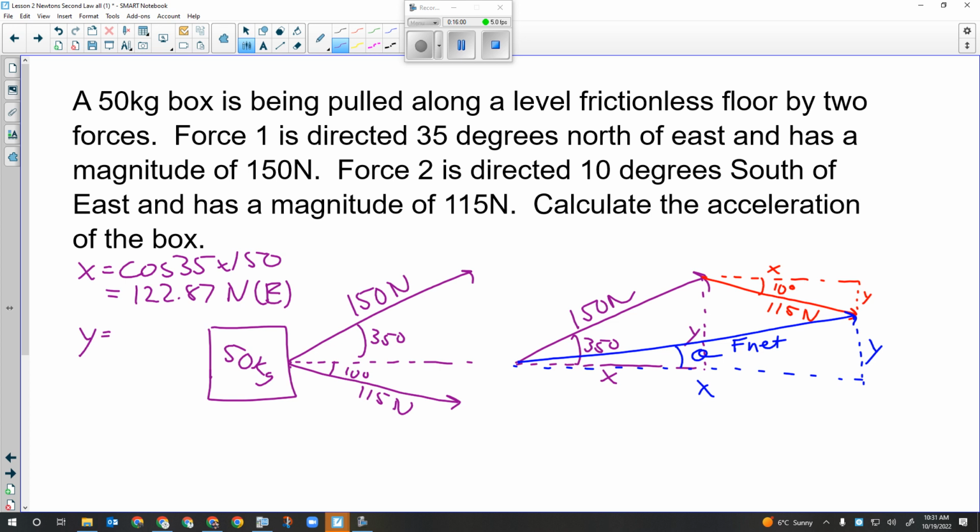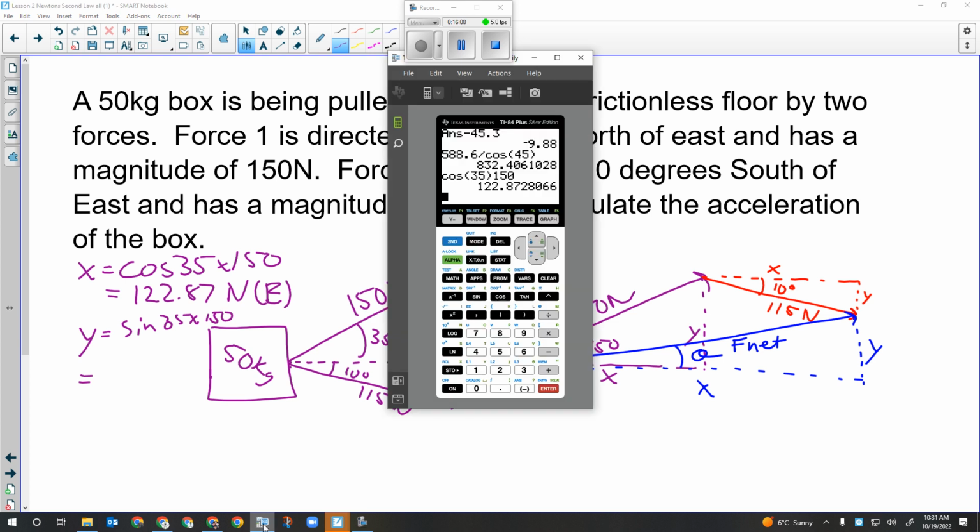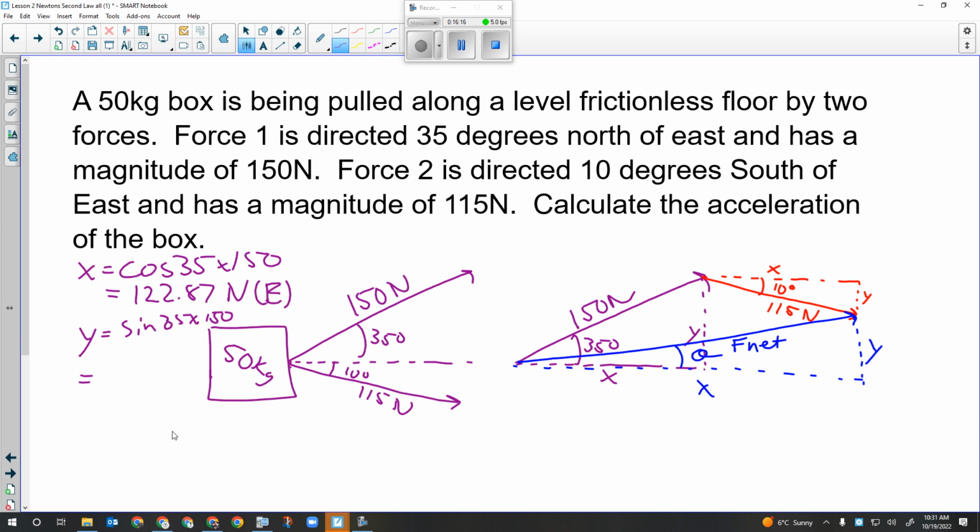Y is going to be the sine of 35 times 150, which is 86.04 newtons north.